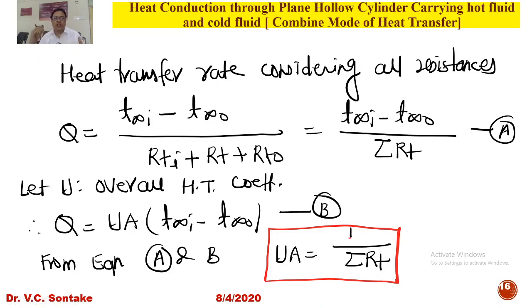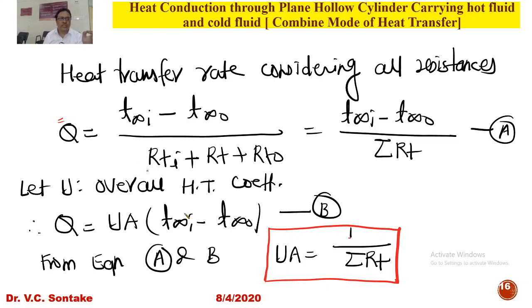Now if I consider all these three resistances and the hot fluid and cold fluid temperatures, I can write the heat transfer rate equation with T infinity i minus T infinity o. Between these two temperatures, all the three surfaces, that is the hot fluid surface, cylindrical wall surface and cold fluid surface, are coming into the picture.